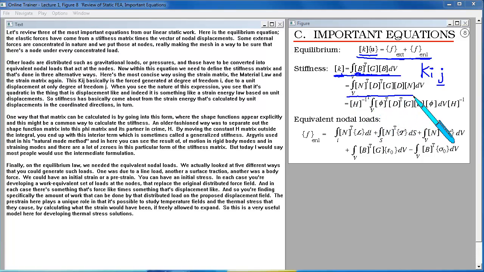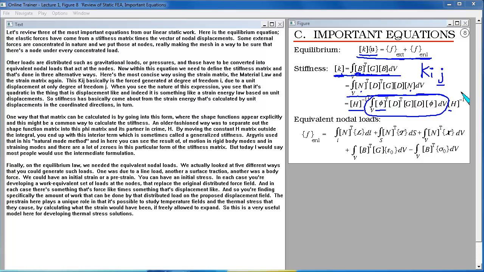One way that that matrix can be calculated is by going into this form where the shape functions appear explicitly, and this might be a common way to calculate the stiffness. An older-fashioned way was to separate out the shape function matrix into this phi matrix and its partner in crime, H. By moving the constant H matrix outside the integral, you end up with this interior term, which is sometimes called a generalized stiffness.